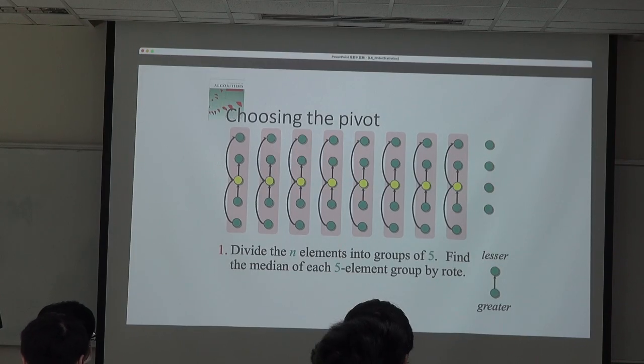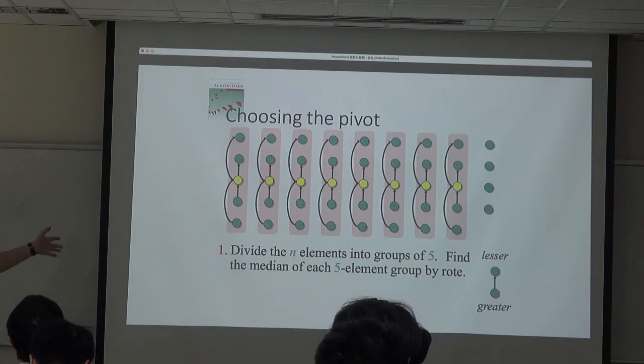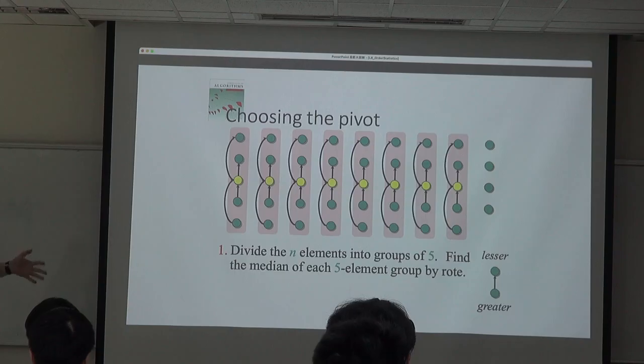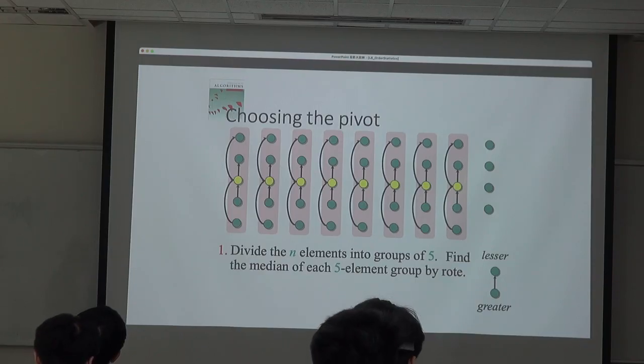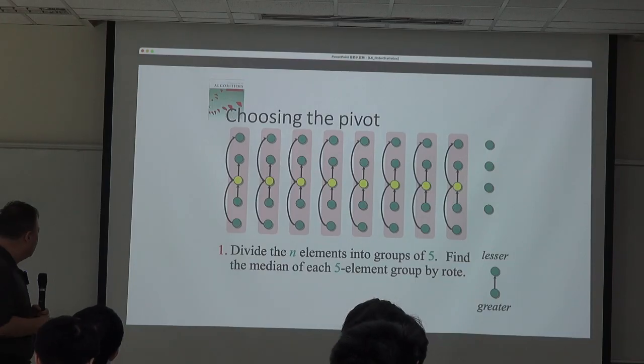You could, because sorting 5 numbers is not going to increase the complexity anyway. For 5 numbers, you only need a constant number of comparisons and position exchanges, and you can sort them, right?